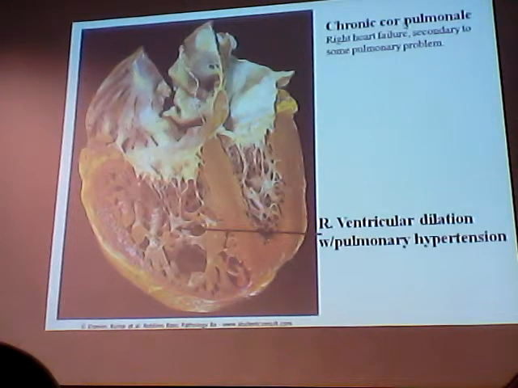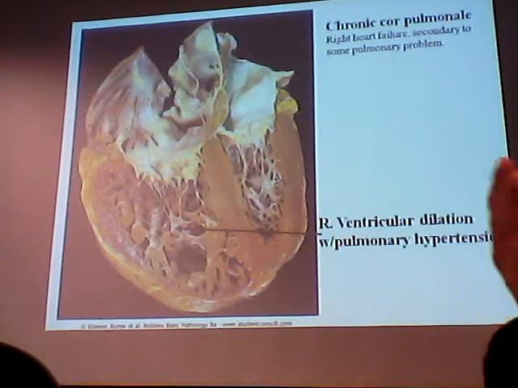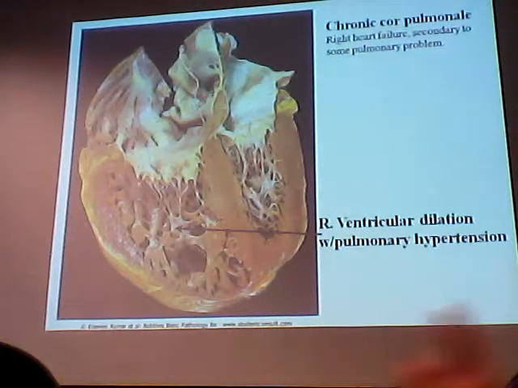So chronic cor pulmonale is another thing for right heart failure, which is secondary to some pulmonary problem. If the lungs have a problem, it could feed back to the right heart, because the right heart feeds into the lungs. So that idea is like, if a ladder step fails, then it'll affect the previous steps.